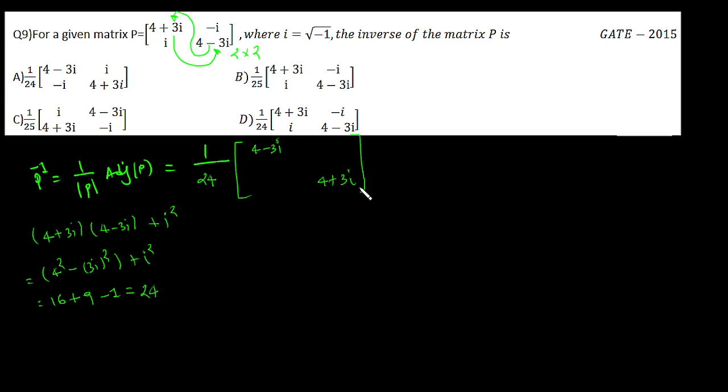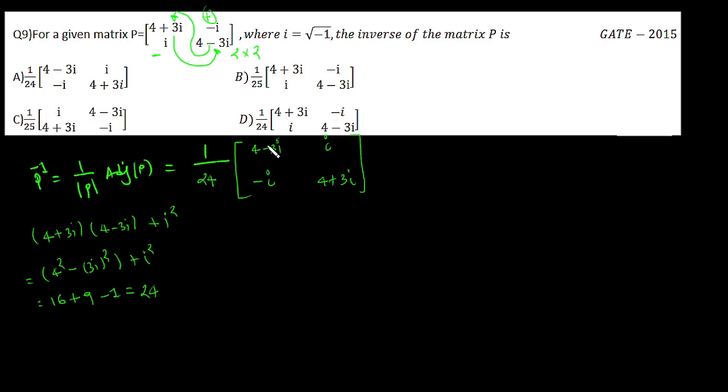Now we have to simply change the sign. If here it is positive, we have to make it negative, and if here it is negative, we have to make it positive. So here we are getting simply i, here minus i. Okay, so we have found the adjoint of this 2 cross 2 matrix, and we divide by this determinant. So we are getting the inverse of matrix P.